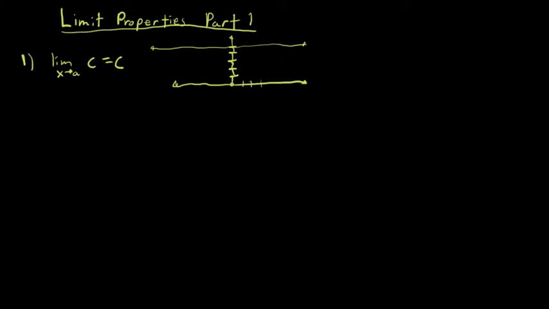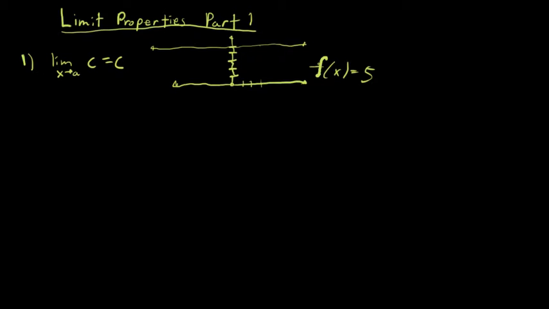And here I've drawn the function f of x equals 5. And you can see as x gets closer and closer to 3, the limit of f of x is going to get closer and closer to 5.